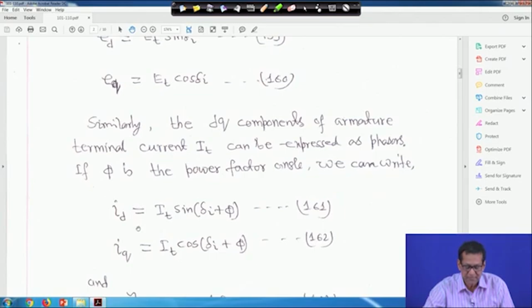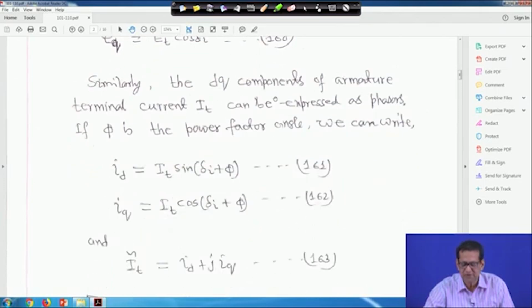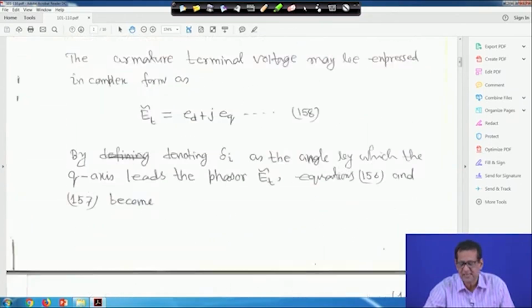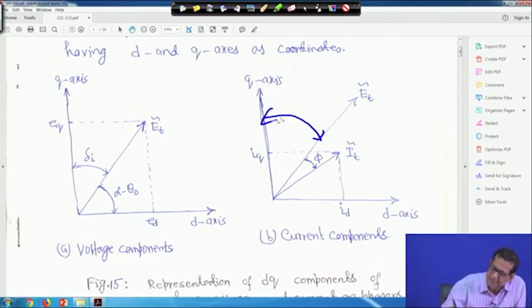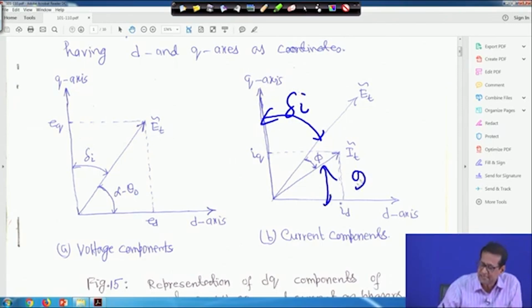Similarly, for ID, I told you, the DQ component of the armature terminal current IT can be expressed as phasor. If phi is the power factor angle, we can write ID is equal to IT sin delta. This angle is not marked here, but it is the angle between the Q axis and ET. So, this angle is delta I, and therefore this angle is 90 degrees minus (delta I plus phi).